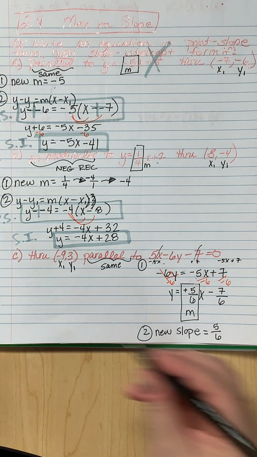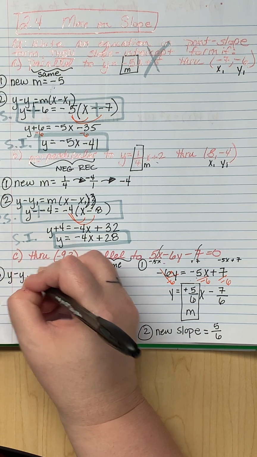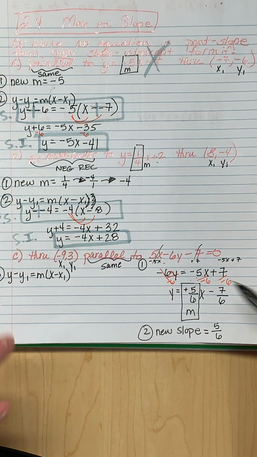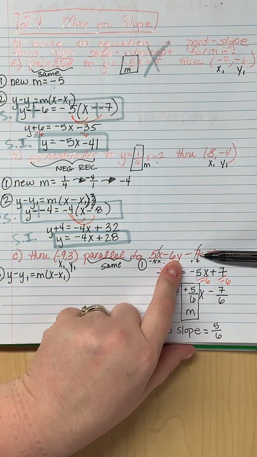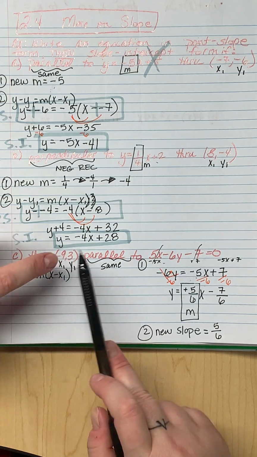My last step is to throw it in that y minus y1 equals m times x minus x1. You might be thinking, isn't that just going to give me my first equation? No, because now I have a different point I'm going to use.